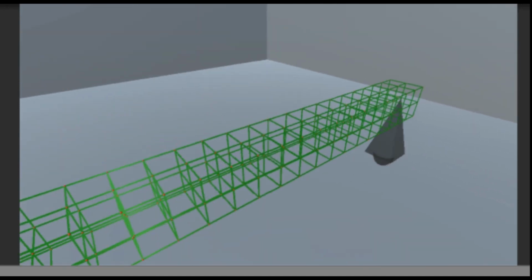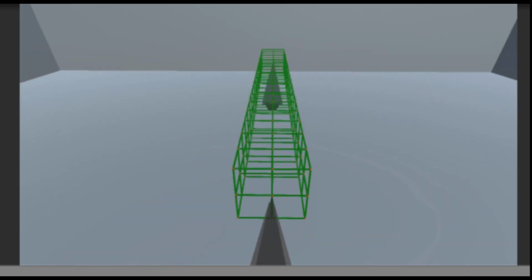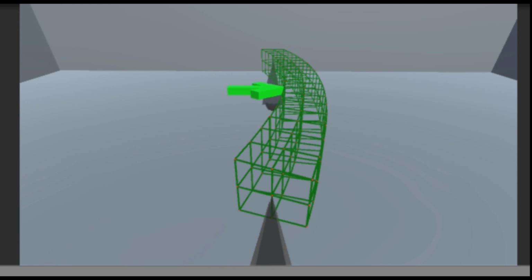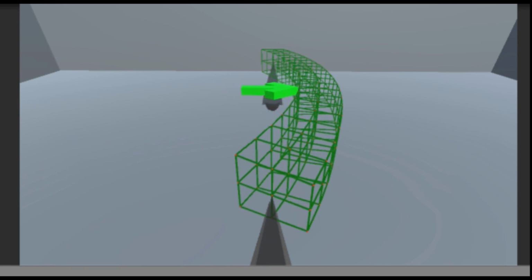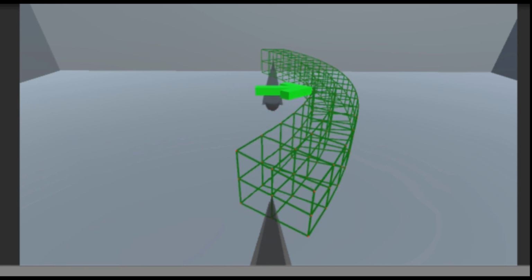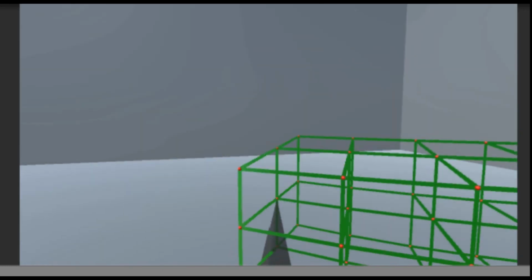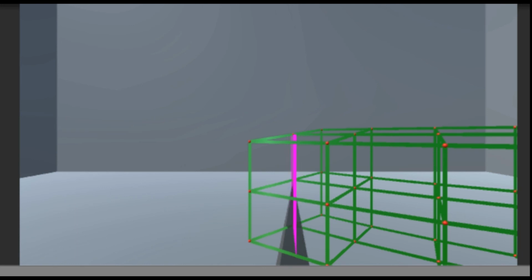We can look at the beam from another angle. In this situation, the end cross-section is rotated horizontally.